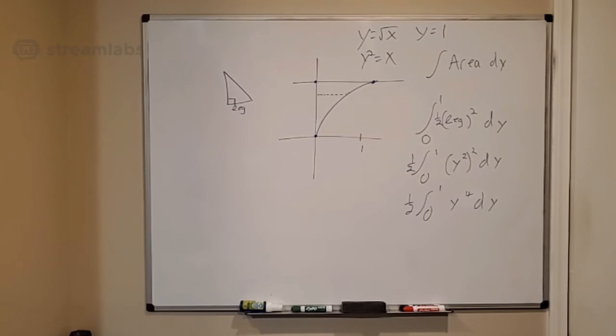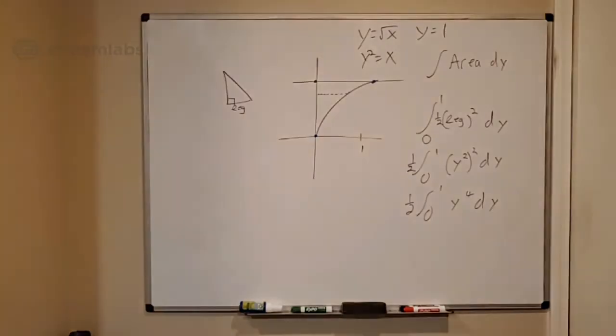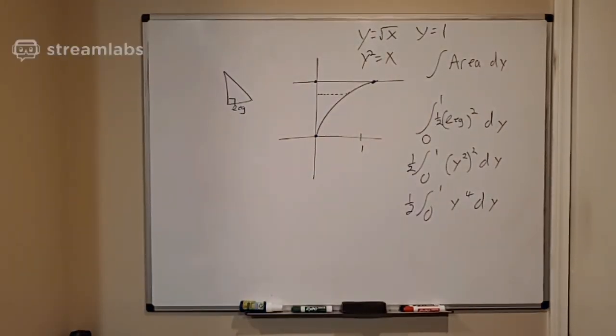Let's see, 13. So we have two lines, vertical line x equals 4. What is the volume of the horizontal line y equals 2? Okay, so that's going to be a washer.